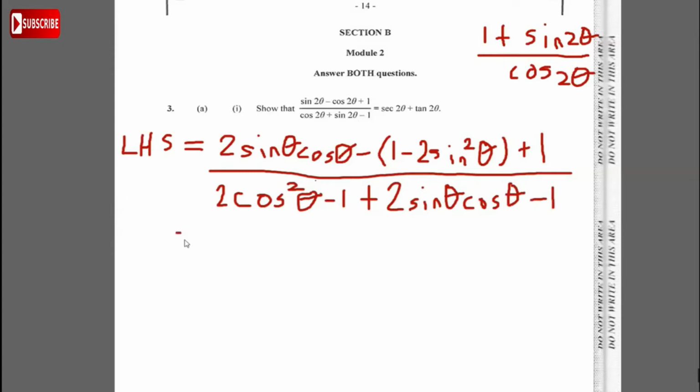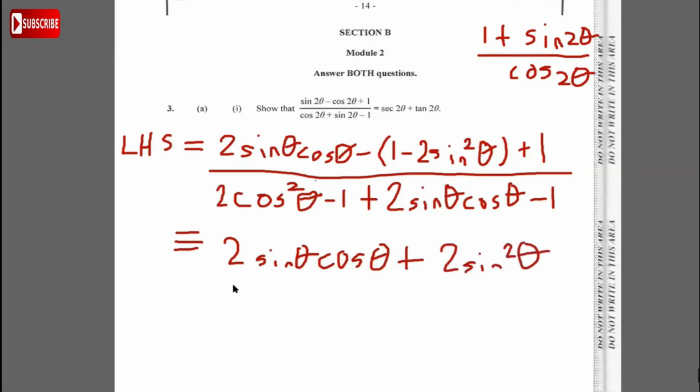Now I'm going to simplify the numerator. When I expand the numerator here, minus 1 plus 1 cancel, and minus 2 sine squared becomes plus. So in the numerator, what I'm going to be left with is 2 sine theta cos theta plus 2 sine squared theta.